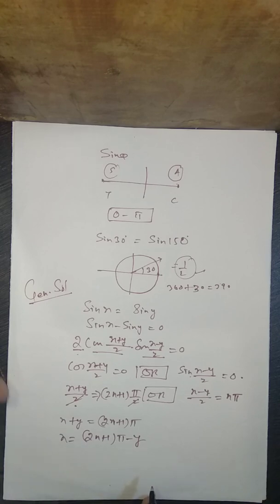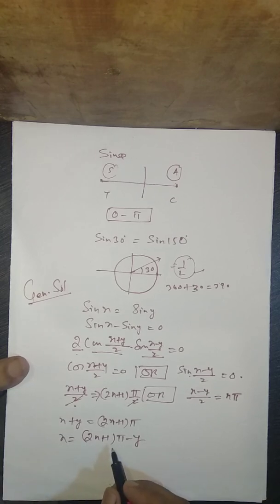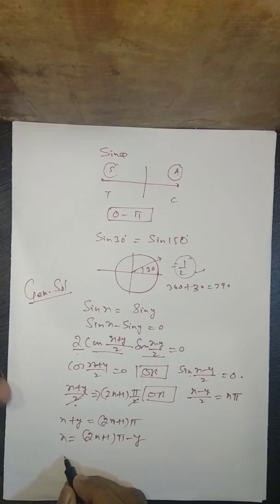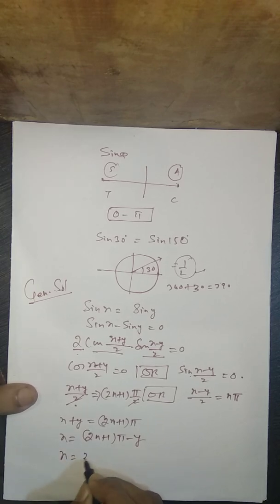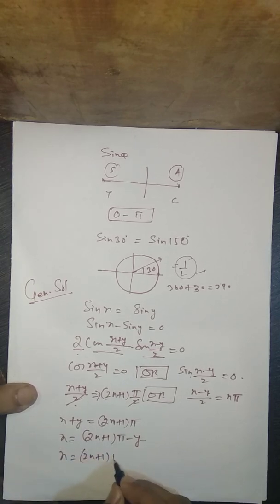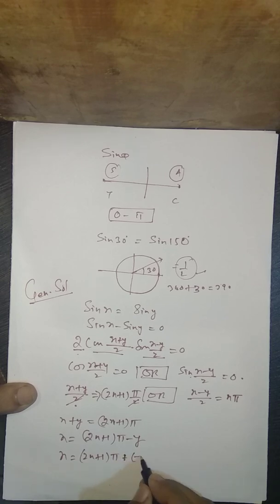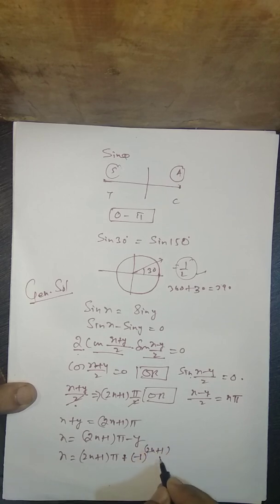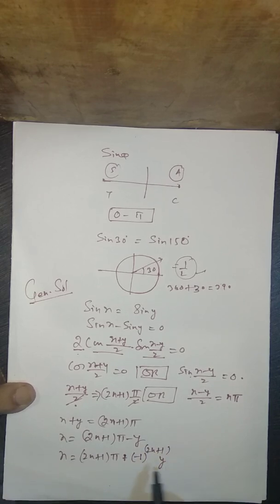In exponential form, we can write this as x is equal to (2n plus 1) pi plus minus 1 to the power (2n plus 1) times y. Now what does it mean? Why are we writing it in this way? It is because whenever the power of negative 1 is an odd number, it always gives a negative answer.